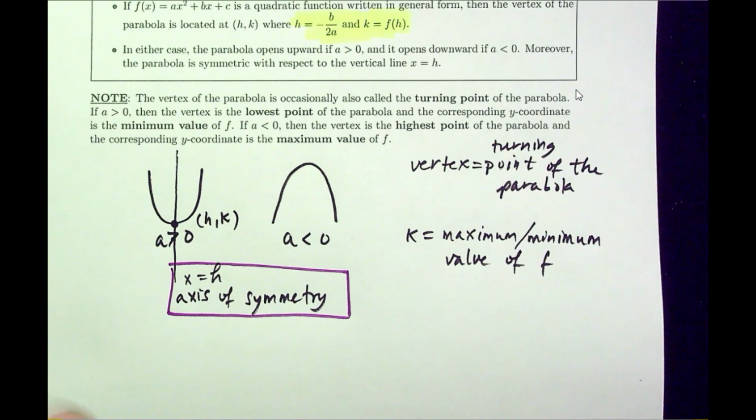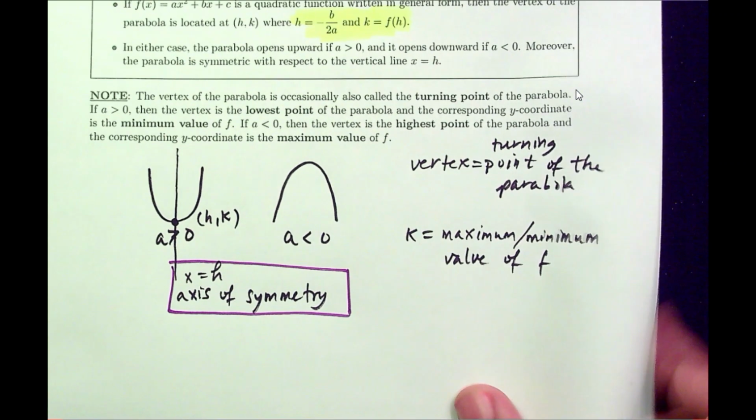Of course, you do it exactly the same way, but in that case, you just report the k. You don't report the h unless they ask you also when it happens. So in that case, you would say the maximum value is blah, and it happens when x equals blah. All right, and that's all. Let's get to some examples.